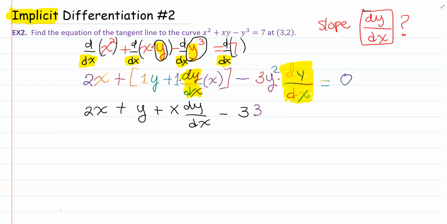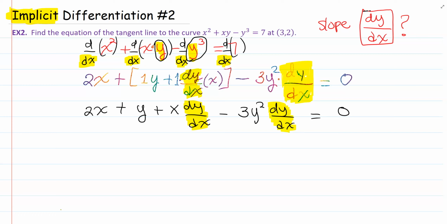So minus 3y squared dy/dx equals 0, and that's how you clean that up. And again, we are looking for dy/dx, so we're going to keep these terms on the left-hand side.